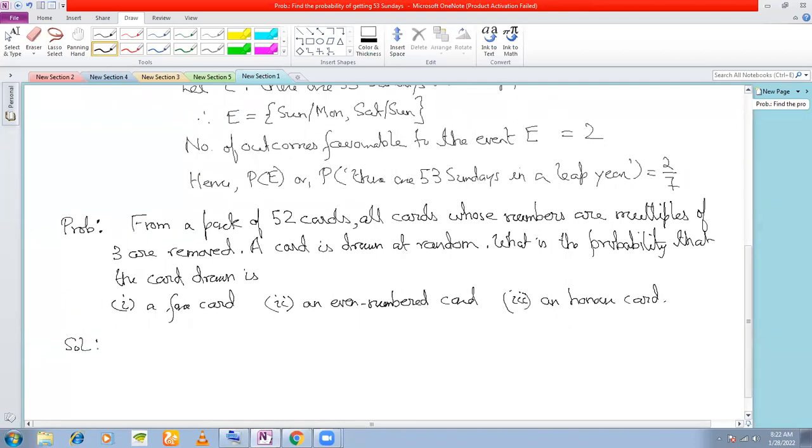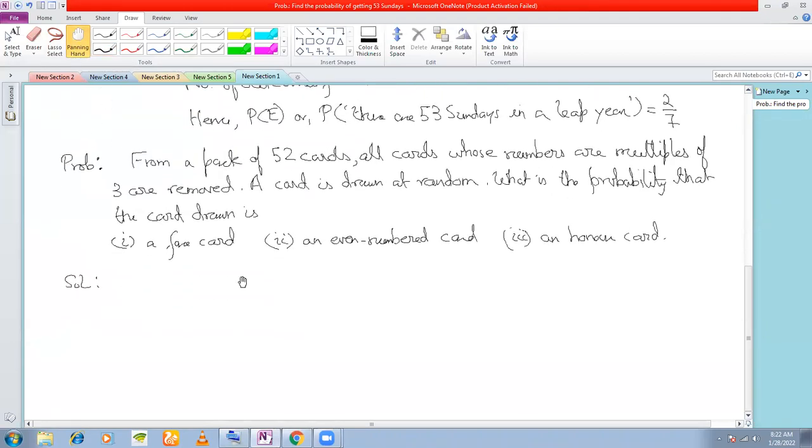So let's see. From a pack of 52 cards, all cards whose numbers are multiples of 3 are removed. Now in a pack of cards, what are the numbers?